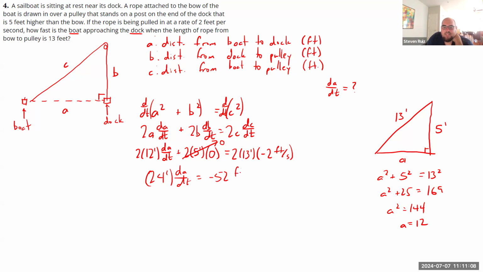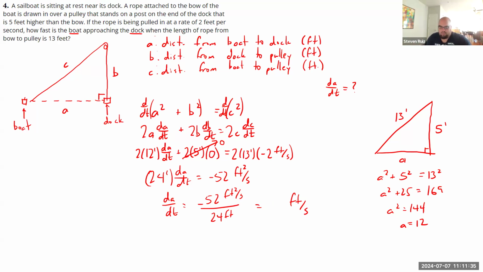I guess feet squared per second. Kind of strange units, but it'll all come out in the wash because dAdt is equal to negative 52 feet squared per second divided by 24 feet. So the unit is going to come out to be feet per second, which is what we would expect. 52 over 24.